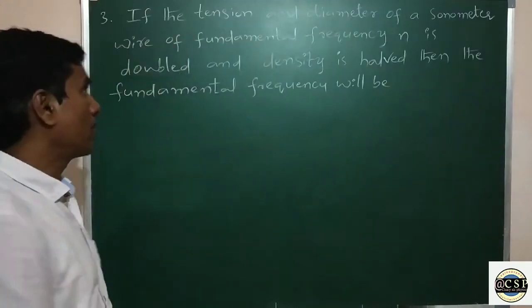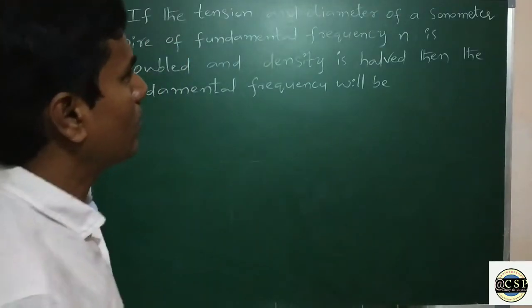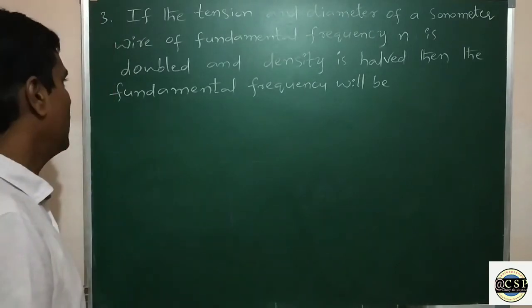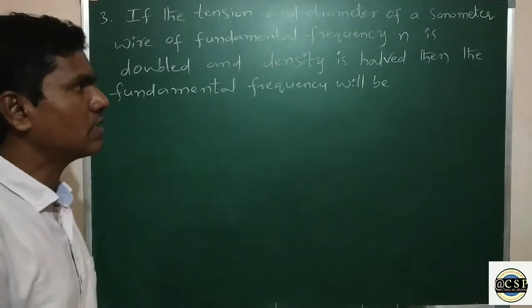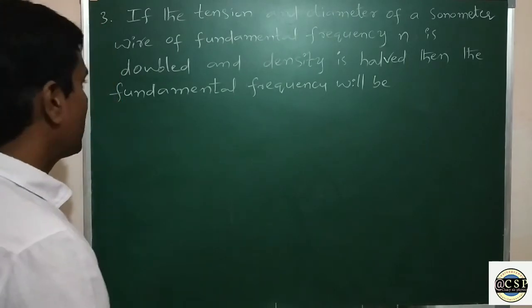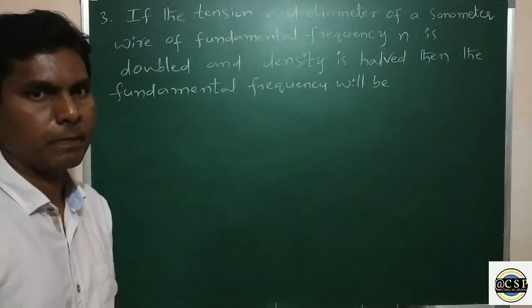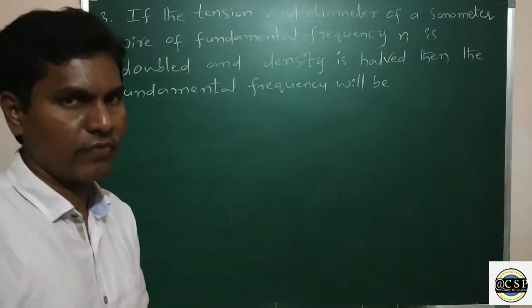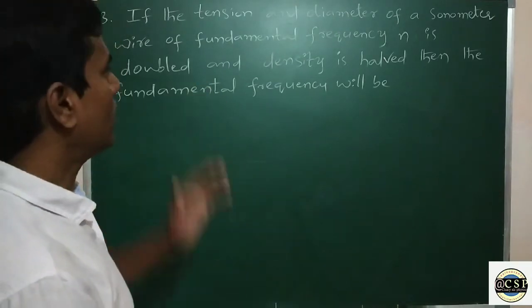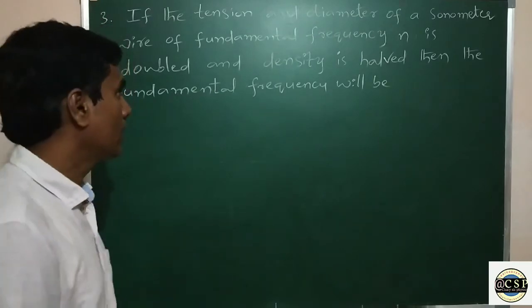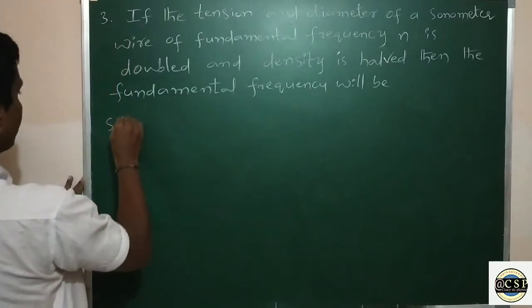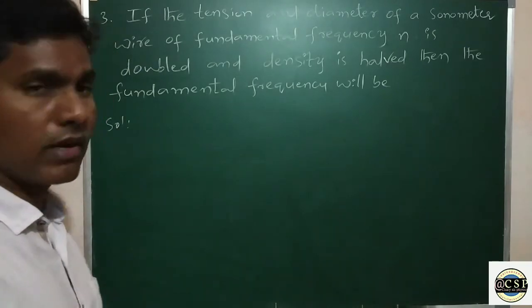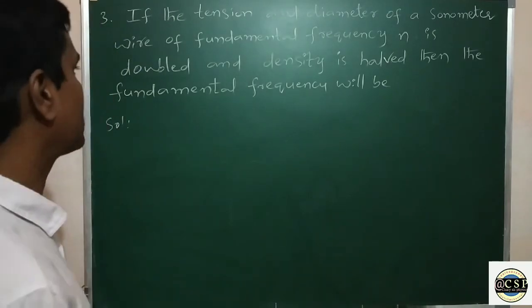Next, the third problem is: if the tension and the diameter of a sonometer wire are doubled and the density is halved, then we have to calculate the new fundamental frequency. Now the tension is doubled and the diameter of the wire is doubled.